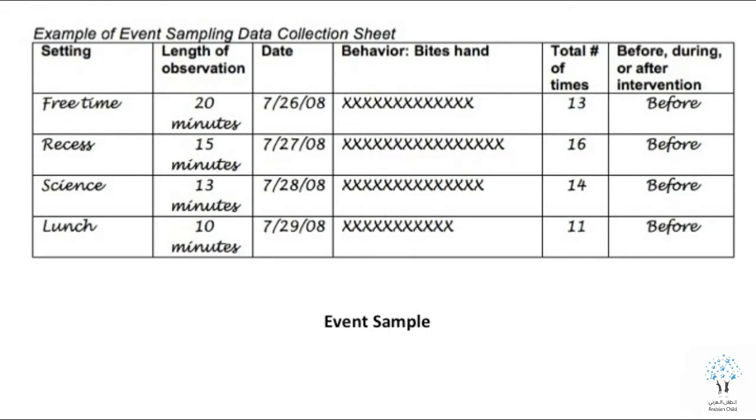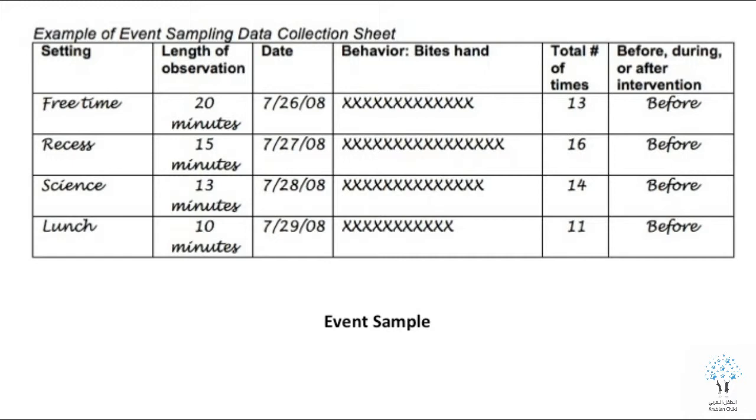Here's an example of the event sample. So that was the first type that we talked about. In this instance, the teacher is keeping a record of different types of behaviors. So she's looking at the different settings: during free time, during recess, during science time, during lunchtime. And then she's recording the date and the total number of times a certain behavior is occurring.